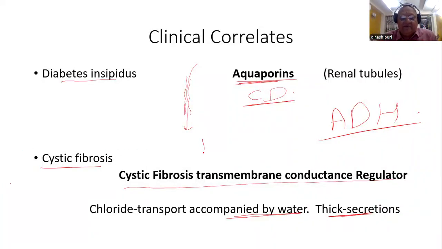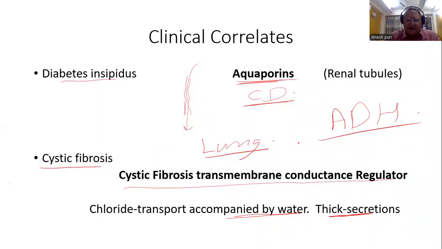In the lungs, in the same way, repeated lung infections will be there. In sweat glands, chloride will deposit on the skin, in fact sodium chloride, and the parents complain of a salty kiss. Whenever they affectionately kiss their child, they taste salt.